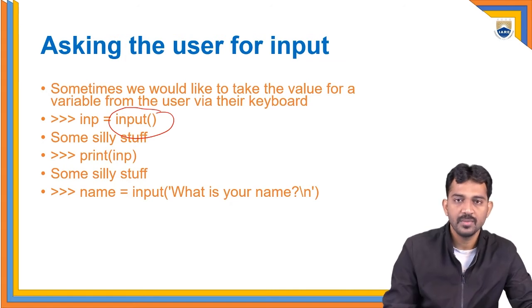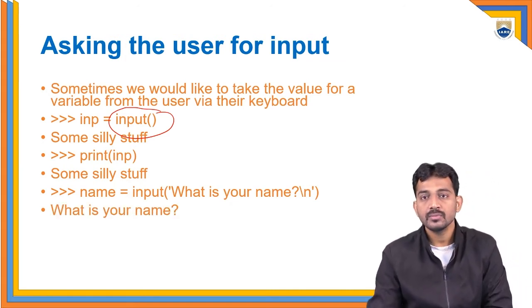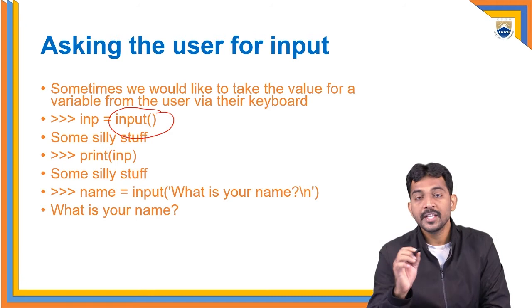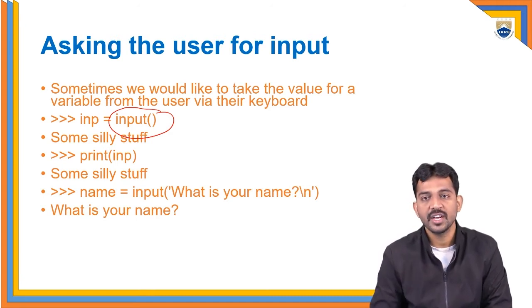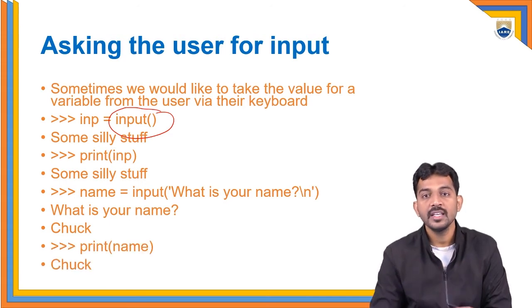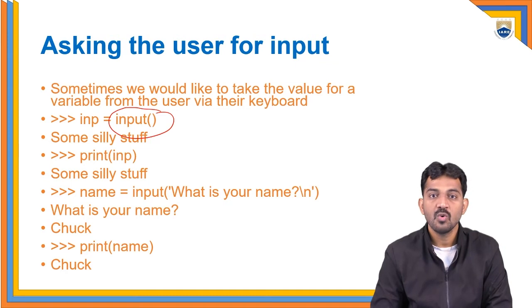What is your name? If you execute this same function, it shows like this: What is your name? Then after that, if you enter the name, and if you print the name, it will print whatever data you read from the console.